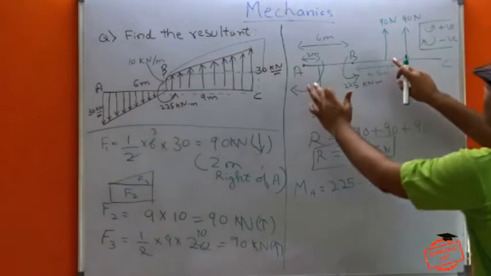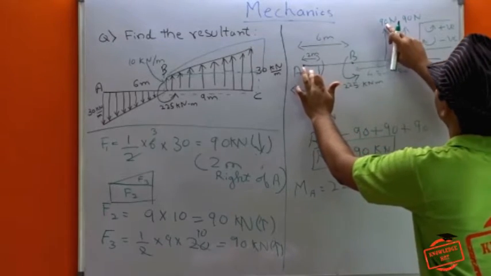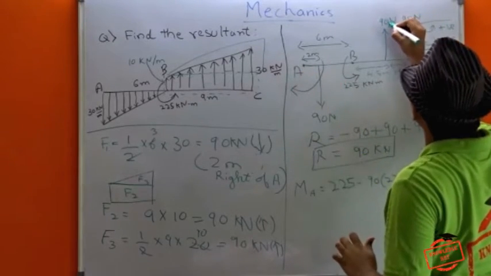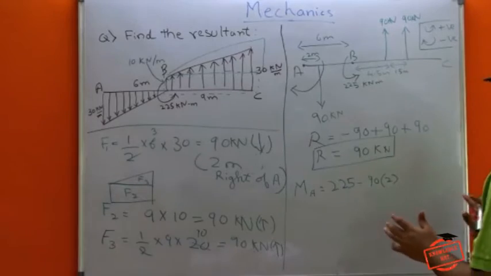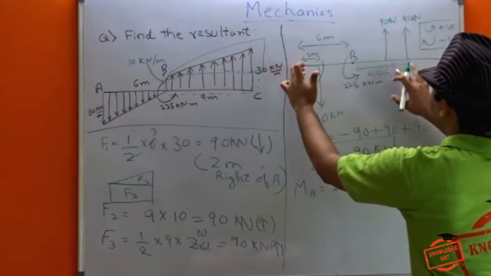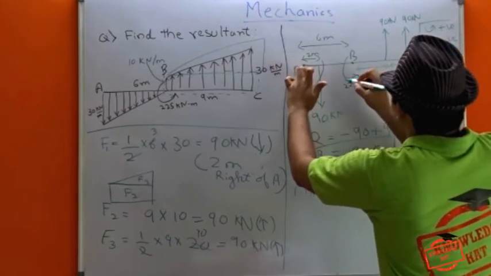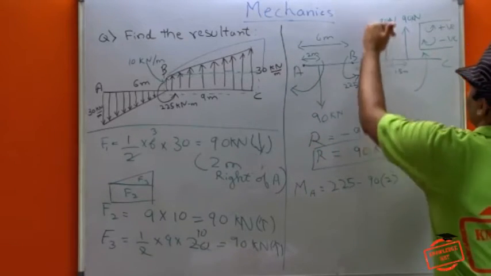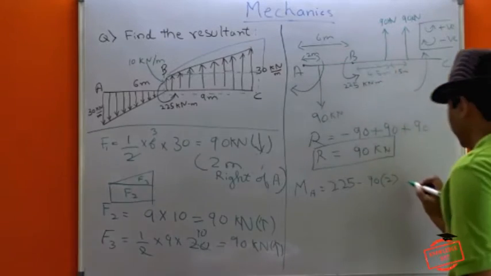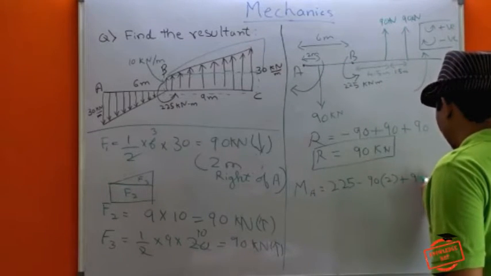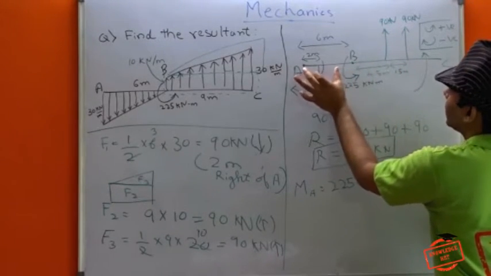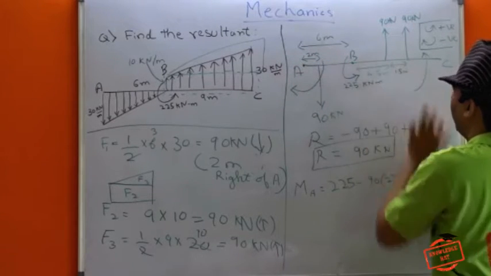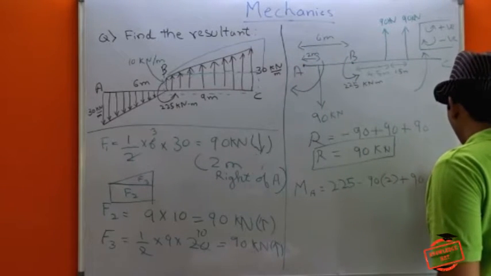The other two forces, this force of 90 and this force of 90, actually this is 90 kilonewtons. These two forces are acting upwards, that is, they will cause a motion in anti-clockwise direction. So these forces will be taken as positive, so we get 90. For this force, the overall distance would be 6 meter plus 4.5, which is 11.5 meter.